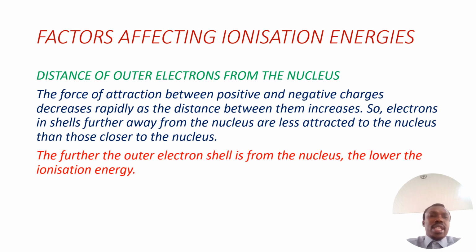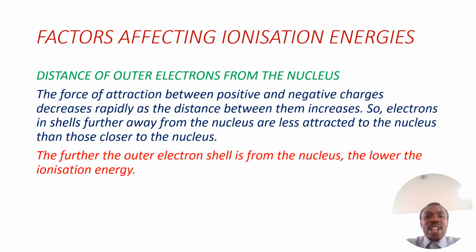So electrons in shells farther away from the nucleus are less attracted to the nucleus than those closer to the nucleus. The further the outer electron shell is from the nucleus, the lower the ionization energy. The closer the electron is to the nucleus, the higher the ionization energy. So the distance of the electron from the nucleus is a major factor that affects the value of the ionization energy.